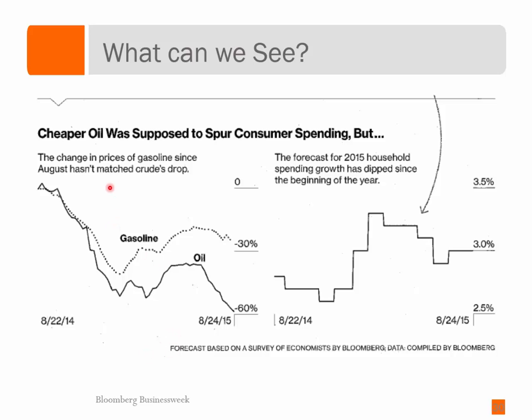The change in prices of gasoline hasn't really matched crude's drop, so it's recognizing that there's a difference in the trend line on the price of gasoline versus the trend line on the price of oil. And then we also see the forecast for household spending growth has dipped since the beginning of the year.